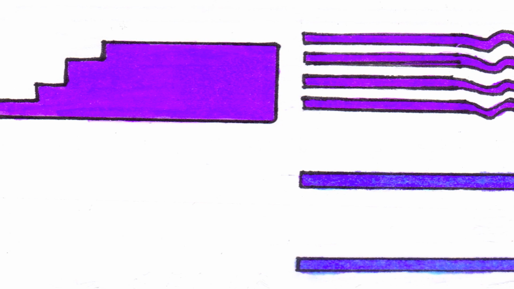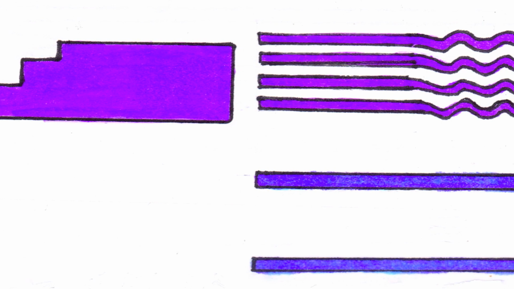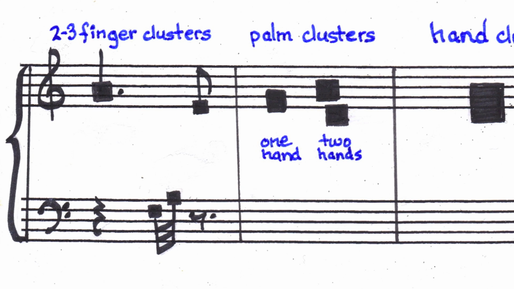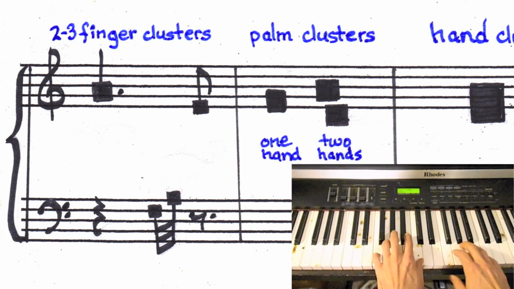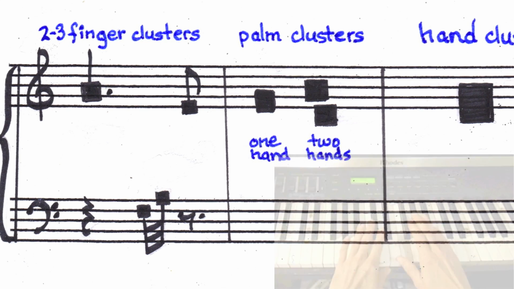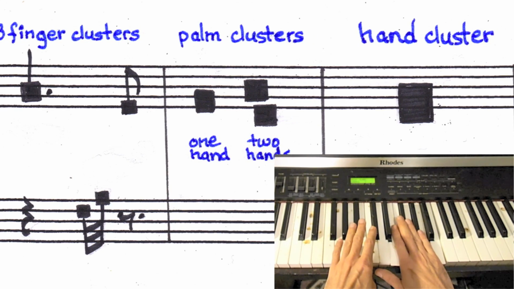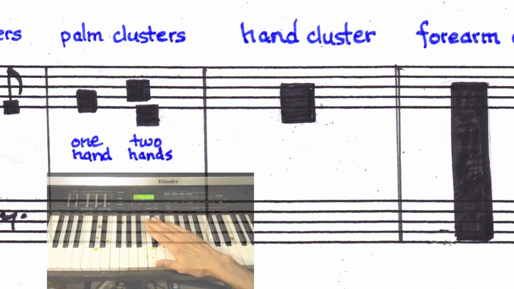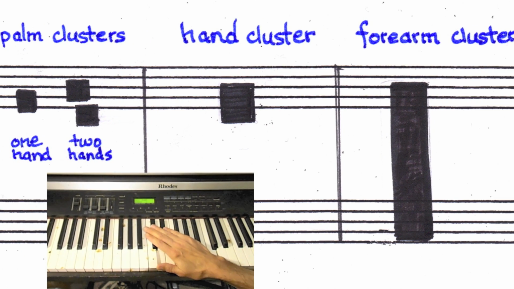Rectangles are well suited to scores and most chordal instruments, but are particularly effective for the piano, organ, and other keyboard instruments. The size of various rectangles can conform to clusters played with the fingers, the palm, the whole hand, and the forearm.